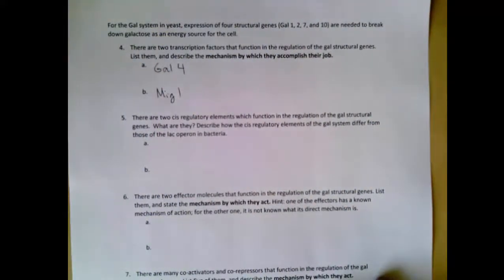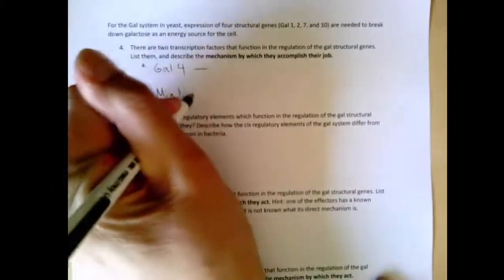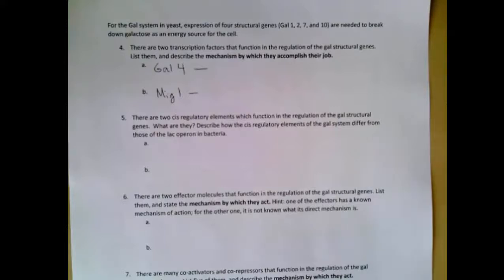So what is the mechanism by which it accomplishes its job? So GAL4 does a huge variety of different things in order to activate transcription, and it's kind of a sequential order of events. One of the first things that happens is it recruits a histone acetyltransferase, or a HAT, in order to help acetylate the histones in that region of the genome.